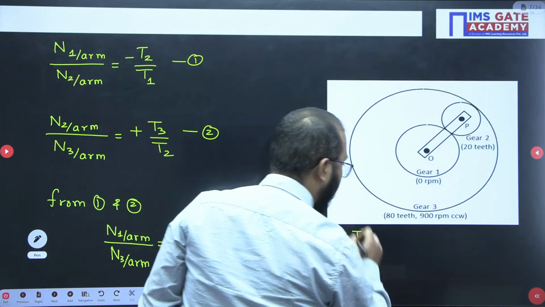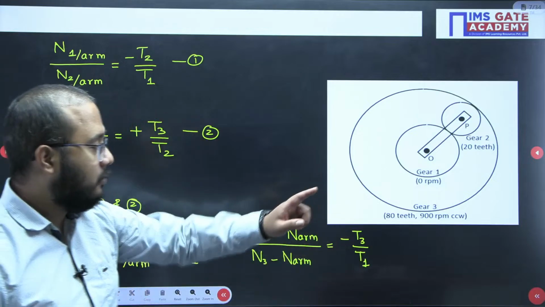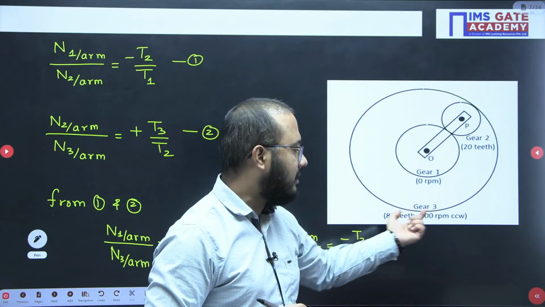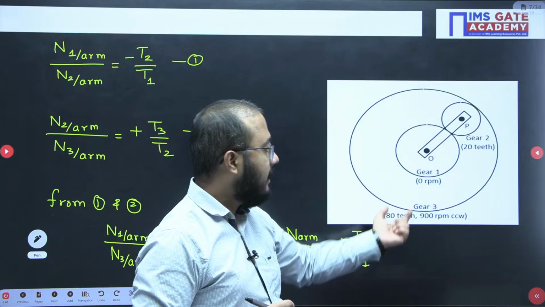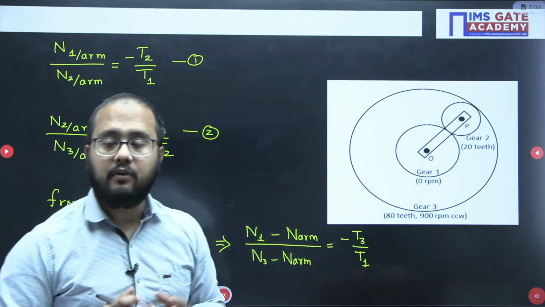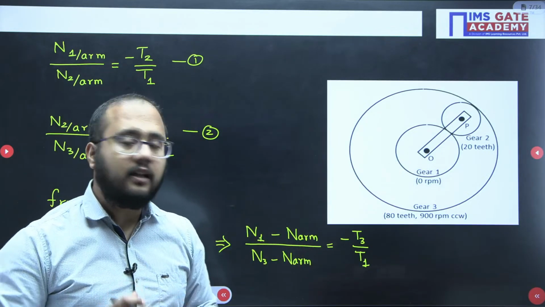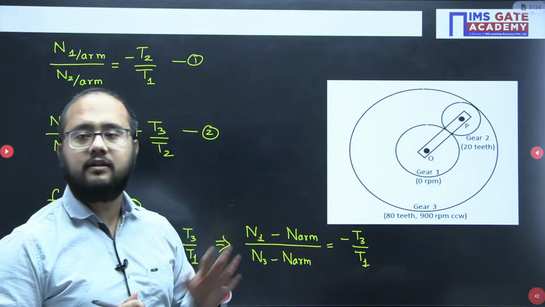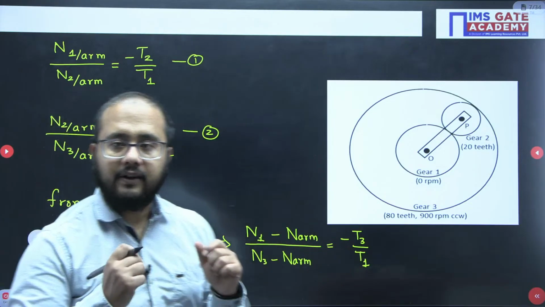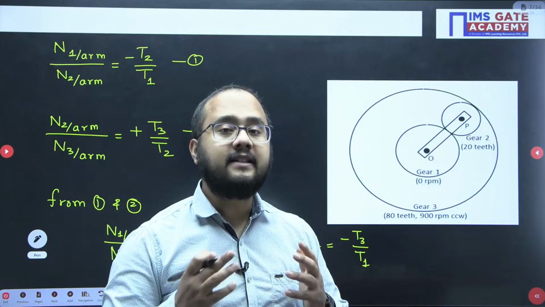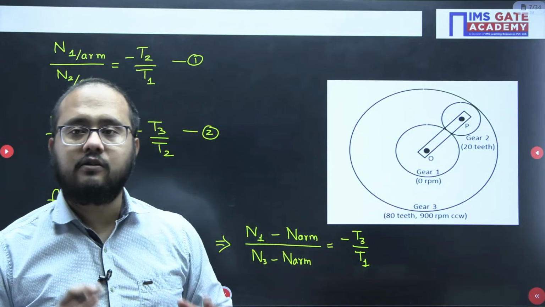by T1. Now the question here is, for gear 3 the number of teeth is 80, and for gear 1 they have not mentioned the number of teeth. Without knowing the value of T1, the number of teeth in gear 1, we cannot solve this question.